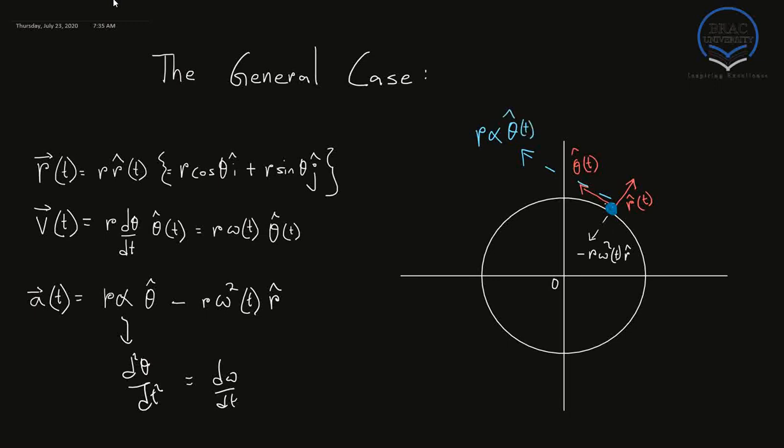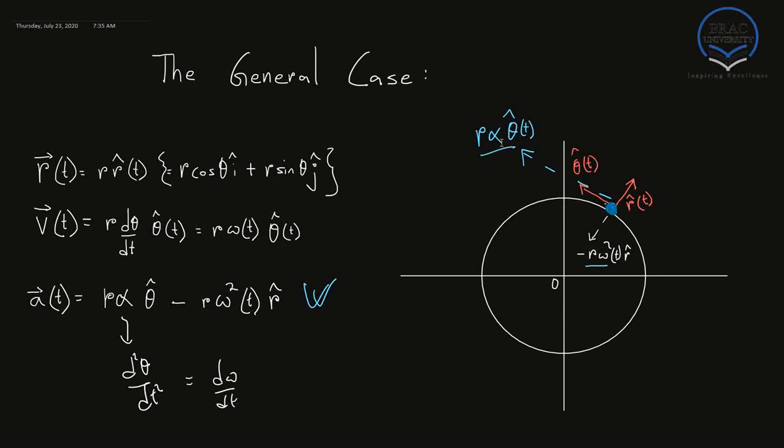Now that we have a component in this direction, of course the total acceleration would be the vector sum of this and of this, right? Which is exactly what this expression for a(t) just means: the total acceleration in the general case is a vector sum of these two vectors.